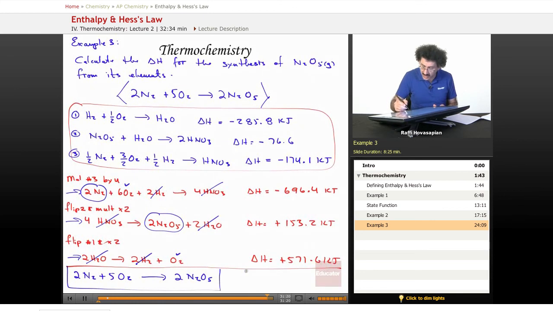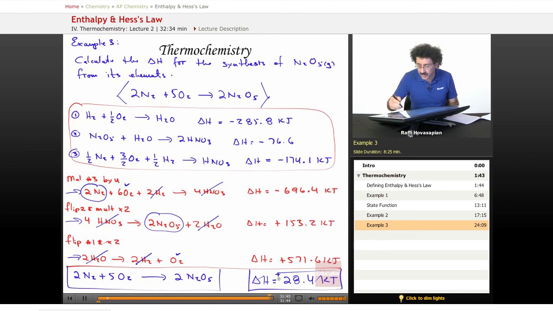And now let's just add the delta H's straight down, and when we add them, we end up with 28.4. And again, you might want to check my arithmetic. I'm notorious for lousy arithmetic. So this reaction, nitrogen gas plus oxygen gas to form dinitrogen pentoxide, it is positive 28.4 kilojoules.